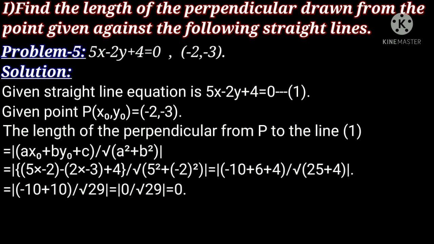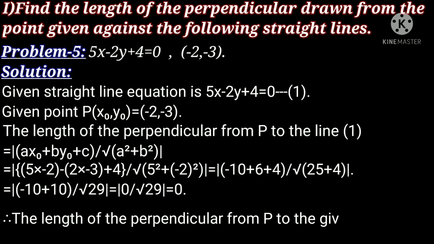Minus 10 and plus 10 get cancelled, so the value is 0. That is equal to mod 0 by root 29. We know that when 0 is divided by any number, the value will be equal to 0. Therefore, the length of the perpendicular from the point P to the given line is 0.